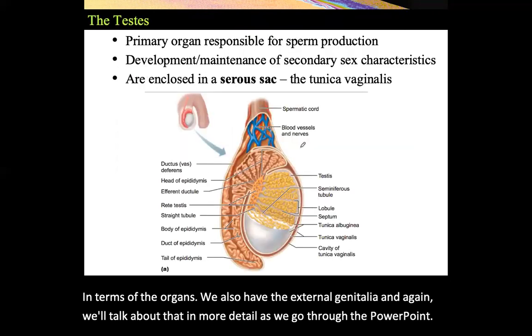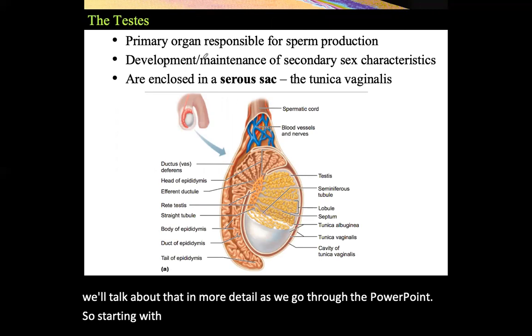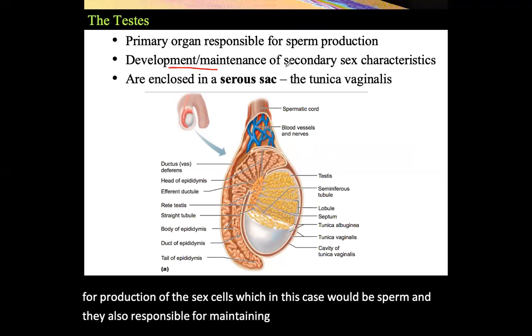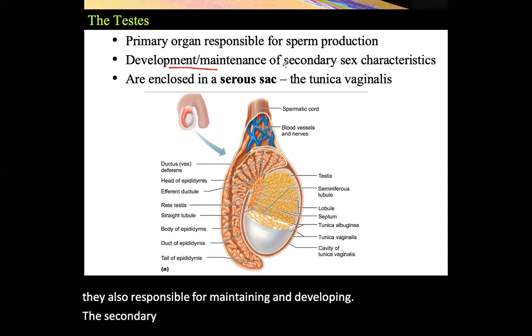So starting with the testes. Testes are important because they're responsible for production of the sex cells, which in this case would be sperm. They're also responsible for maintaining and developing the secondary sex characteristics by releasing the hormone testosterone.